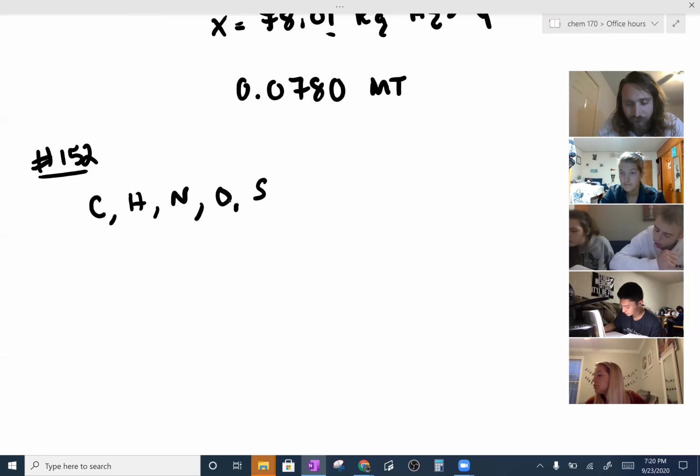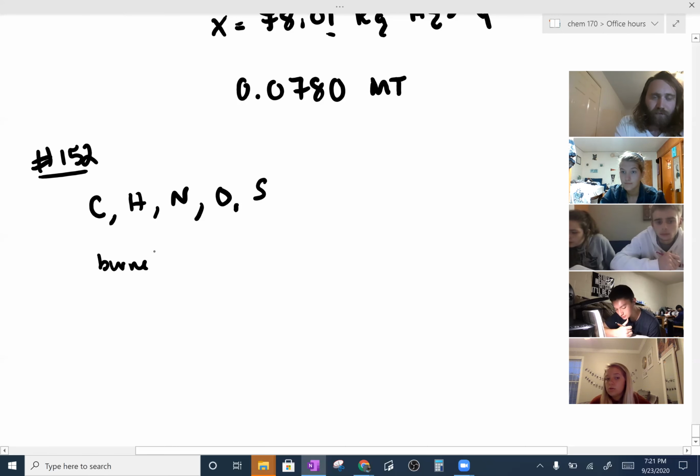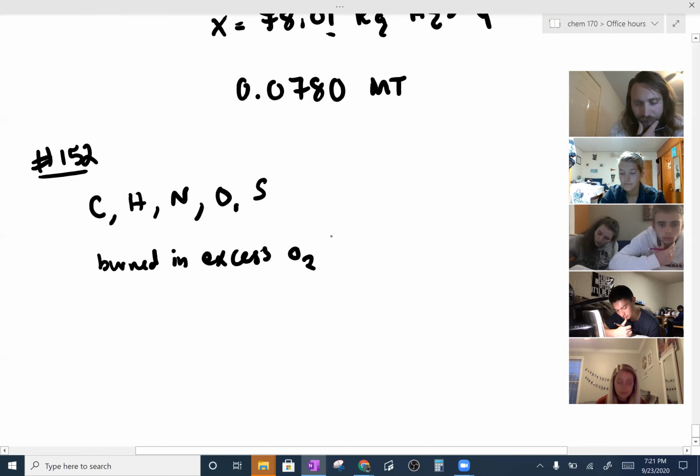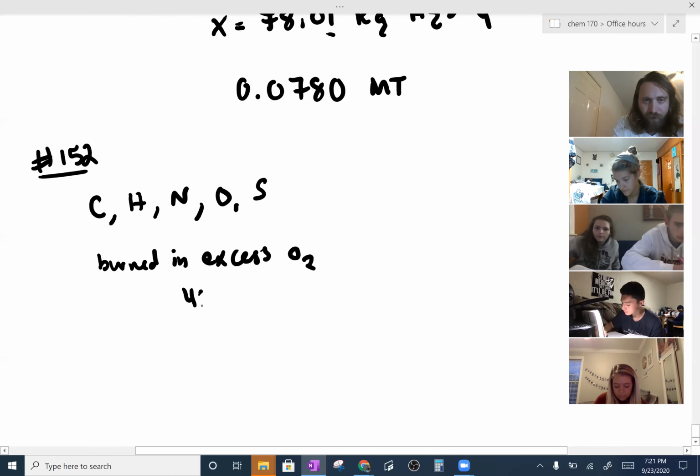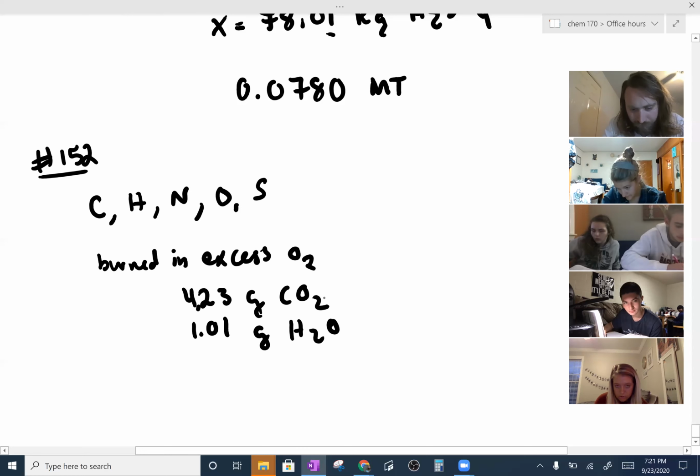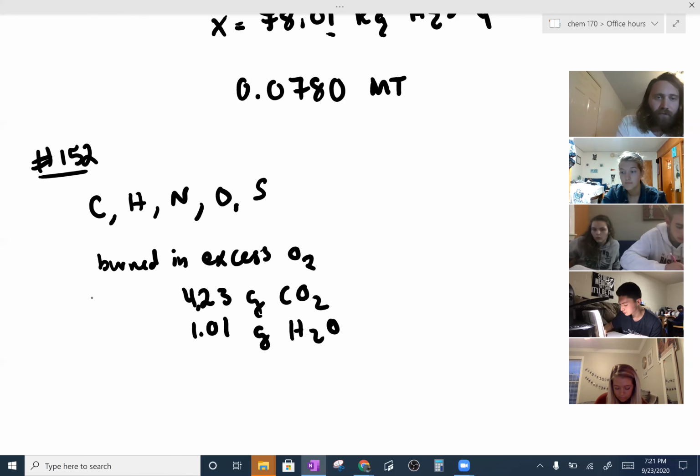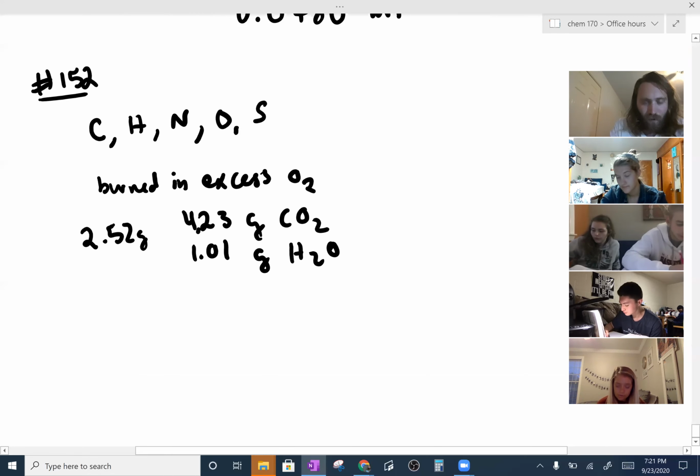A couple tests that happen here. The first test is burned in excess oxygen to yield, okay, so when they burned it in excess oxygen, we yielded 4.23 grams of CO2 and 1.01 grams of H2O. And this came from a 2.52 gram sample. So that was the first thing.